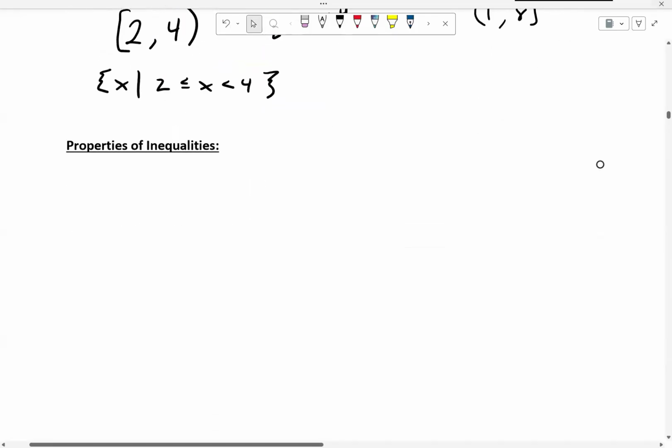Properties of inequalities. You must remember from Algebra 1 that there's something you need to be careful of when solving an inequality. Very quietly discuss with your neighbor what the thing is that you need to be careful of when solving inequalities.